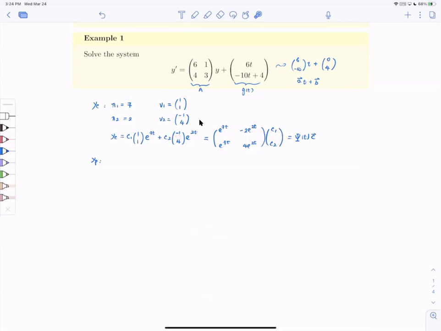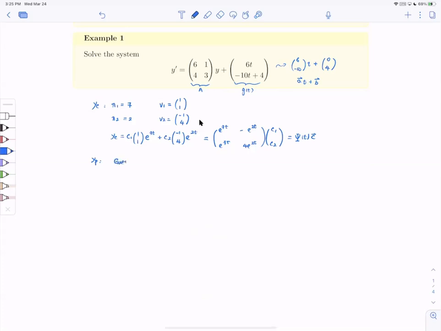Oh, it's negative, sorry, not negative 2, it's negative e to the 2t. Okay, cool. So yeah, it's linear, so what is going to be my guess?